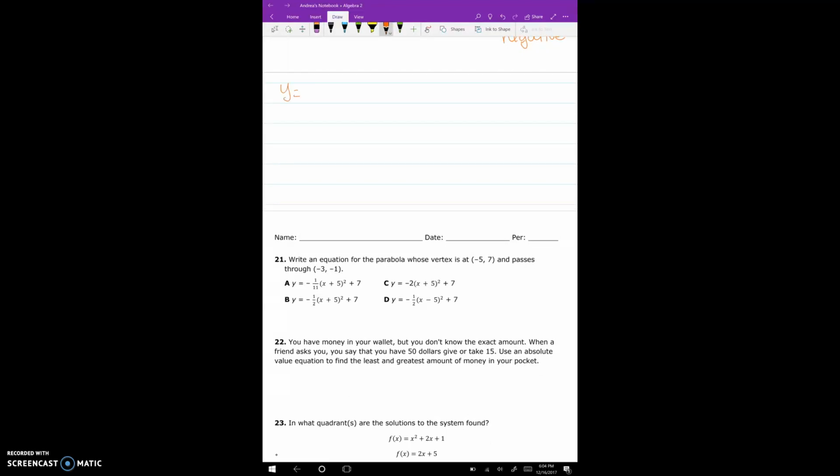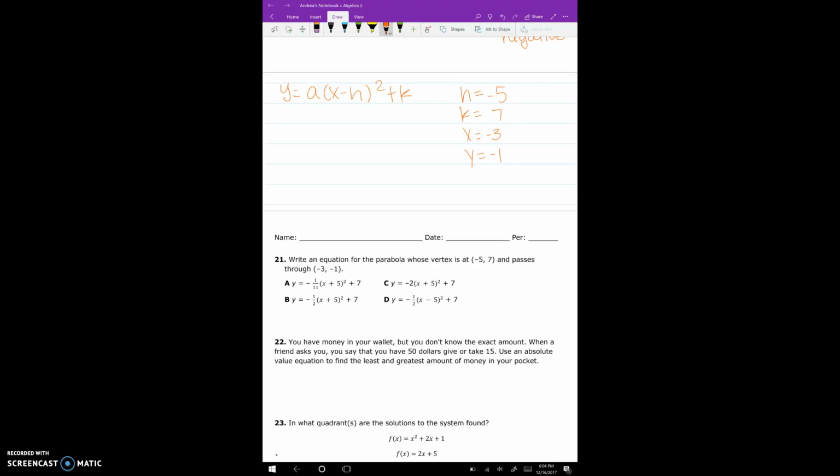So Y equals A times X minus H squared plus K, where we know H is -5, K is 7, X is -3, Y is -1.